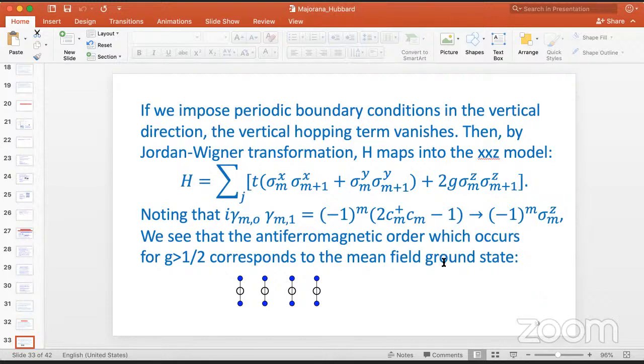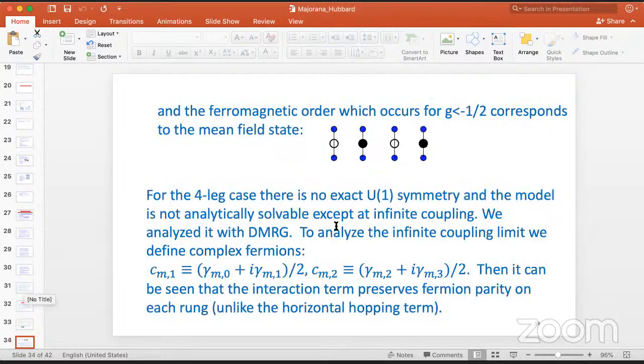So we see that antiferromagnetic order occurs for g bigger than 1/2. This corresponds precisely to the mean field ground state that we predicted. So the exact symmetry breaking in the spin model confirms the mean field prediction that we made. And ferromagnetic order occurs for g less than minus 1/2. This corresponds to this mean field ground state, which is also what we predicted.